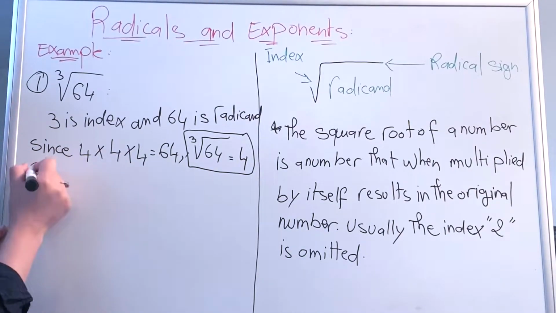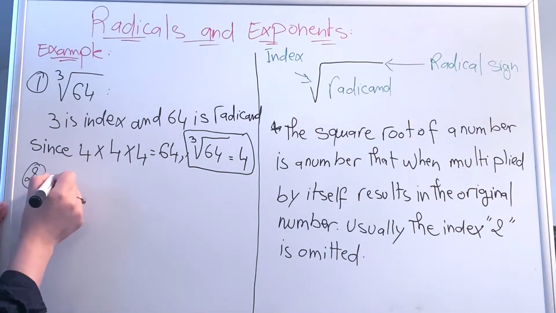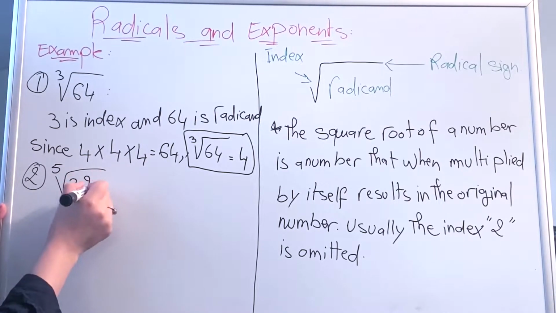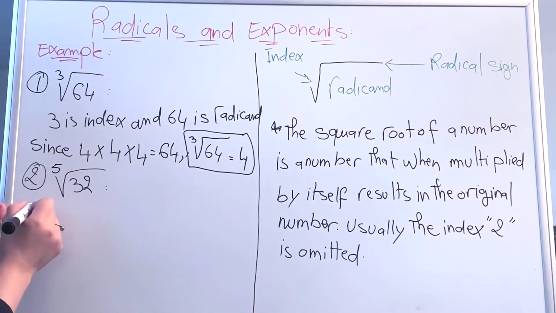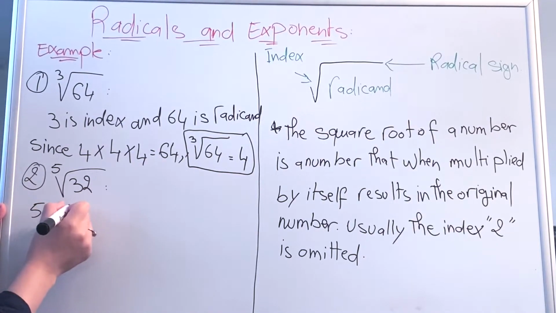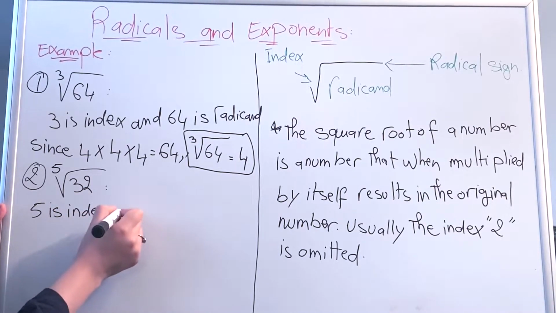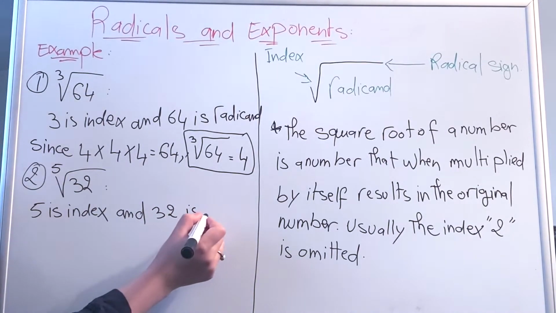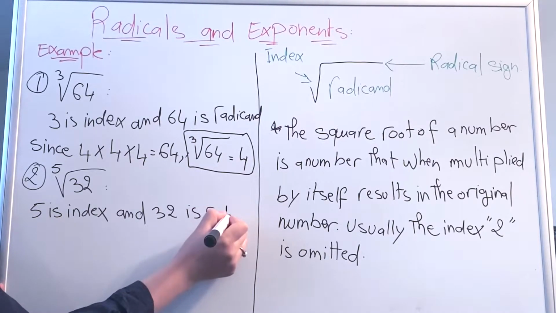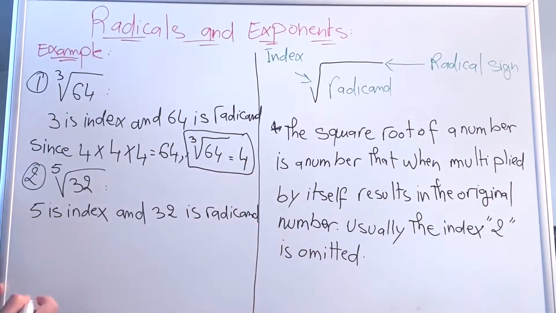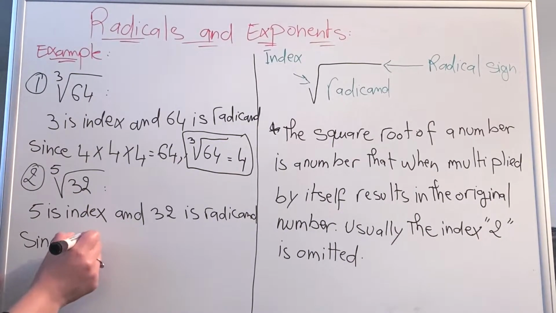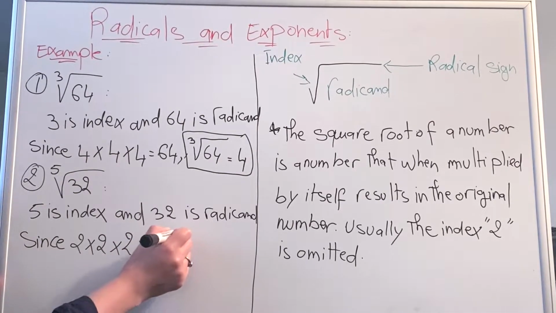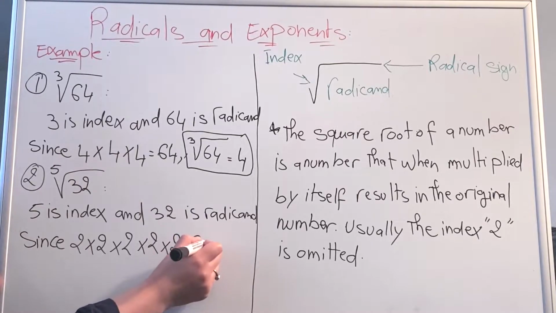Second example, fifth root of 32. So 5 is the index and 32 is the radicand, since 2 multiplied by 2 multiplied by 2 multiplied by 2 multiplied by 2 equals 32.